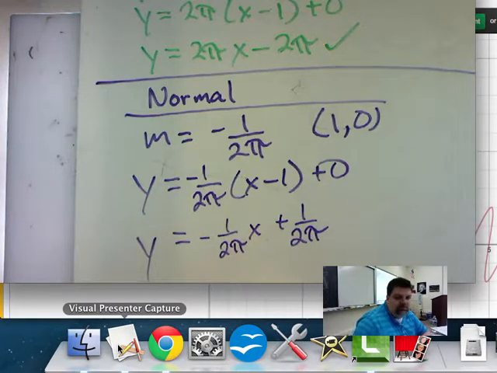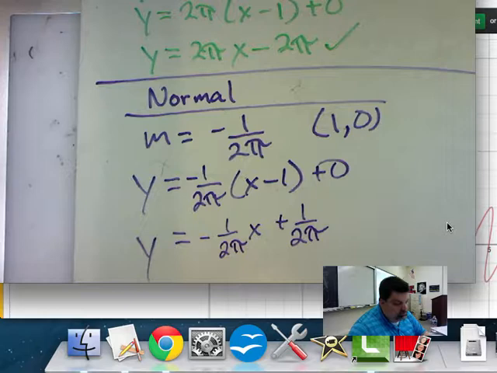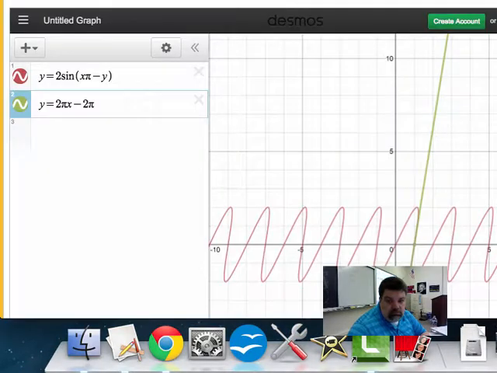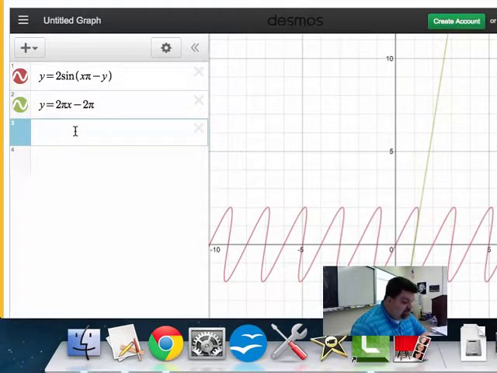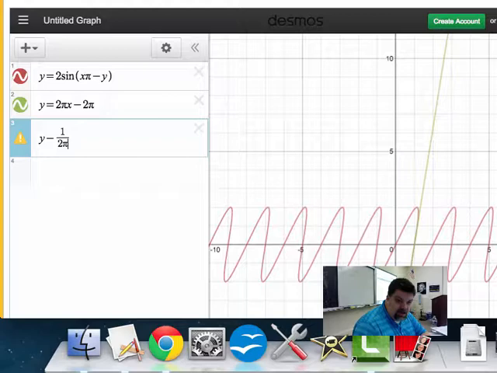Shall we graph that and see? Sure. Alright, so let's see. We've got y equals negative 1 divided by 2 pi x plus 1 divided by 2 pi.